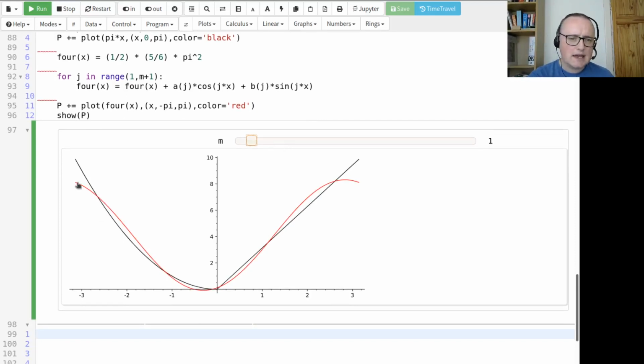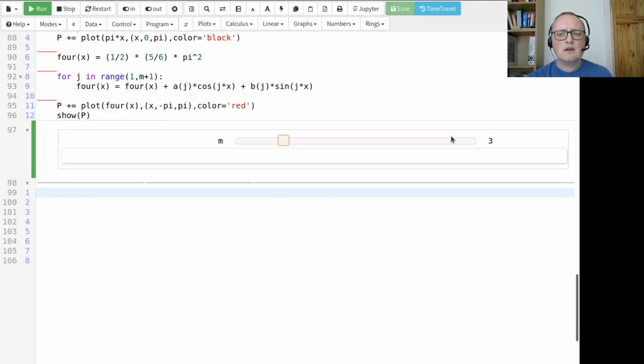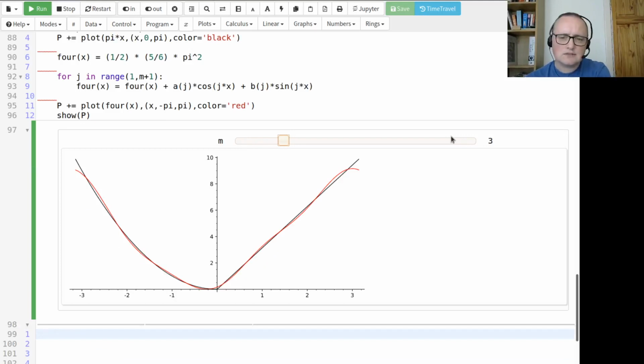Here's the red Fourier approximation to the function f. It's already doing a pretty good job of approximating the function. As you increase m up to the values 2, 3, and so on, we get more and more terms added onto the Fourier series approximation, so our red function is approximating the original function f of x better and better.